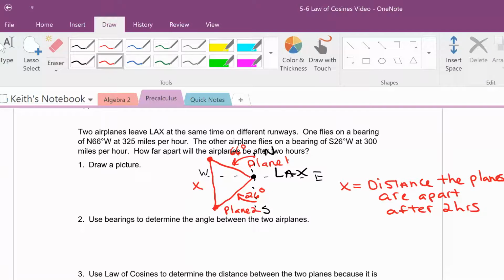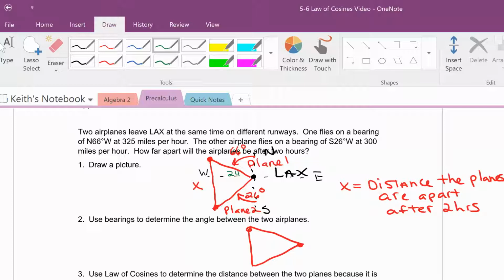All right. So let me redraw this picture here. If this is 66 degrees, then this little space here, 90 minus 66, would be 24.